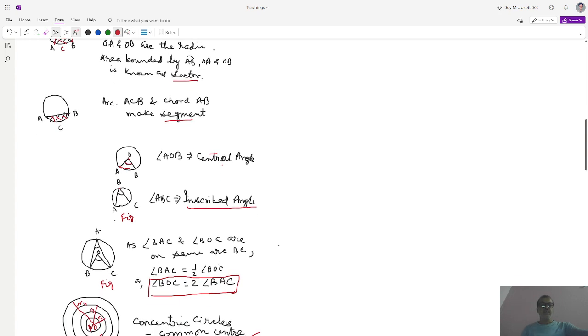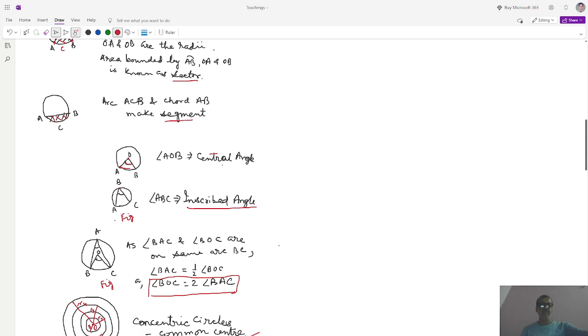Here is a relation between inscribed angle and central angle. Inscribed angle is equal to half of the central angle. In other words, central angle is double the inscribed angle.